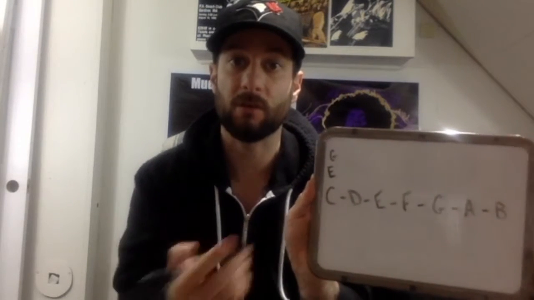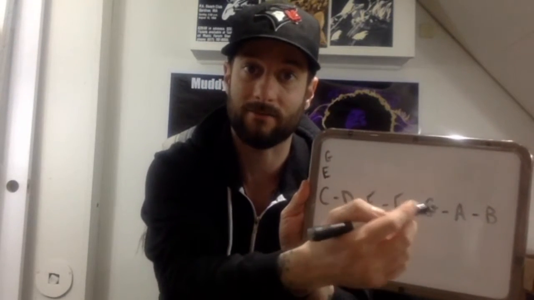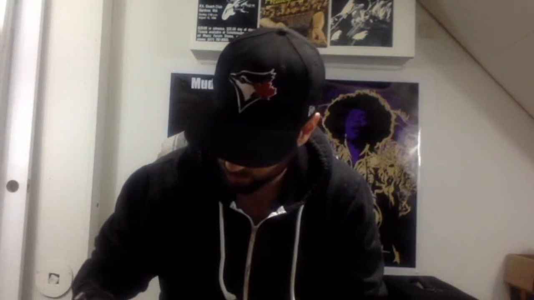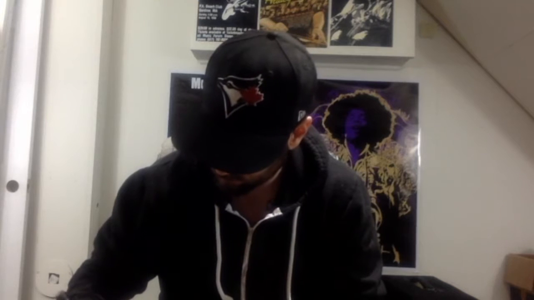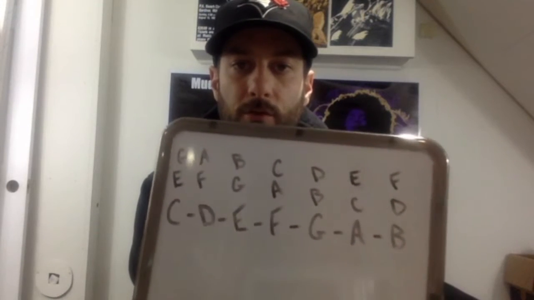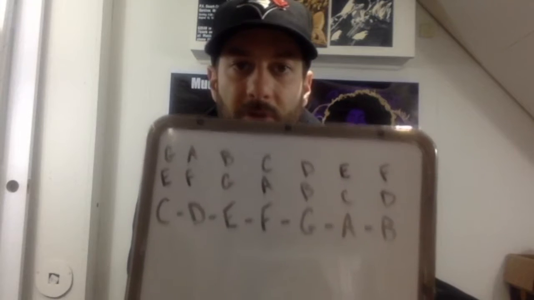And what I'm going to do is stack triads for all of these notes, so you get a sense of what these chords actually contain. Okay, so this is what happens as we build triads here.